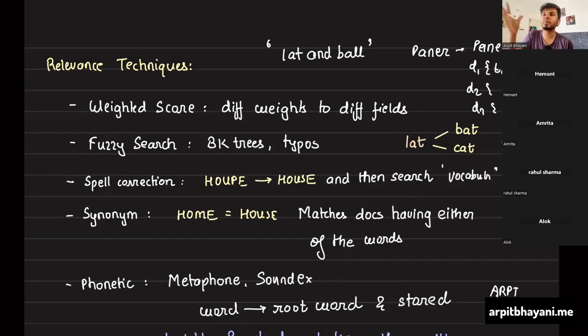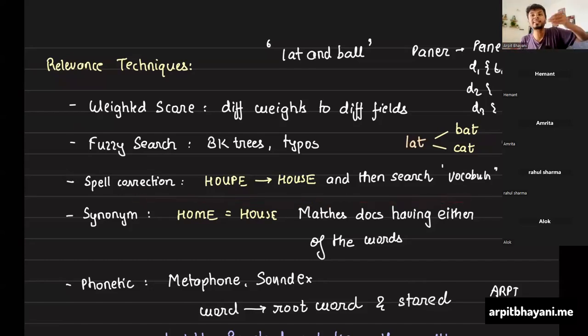If the user misspells something, what is the first thing it would do? Whenever the query comes in, it first checks in the dictionary: are all the words in the query in my dictionary? If yes, good enough, we pass it to search. If not, for the words that are not in the dictionary, can we find the closest word? This is spell correction.